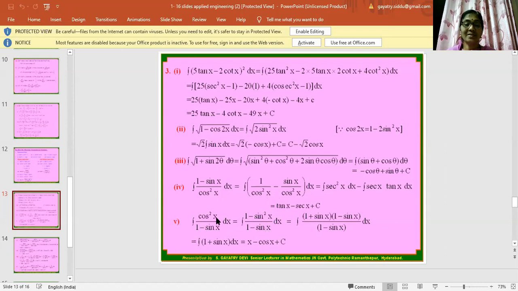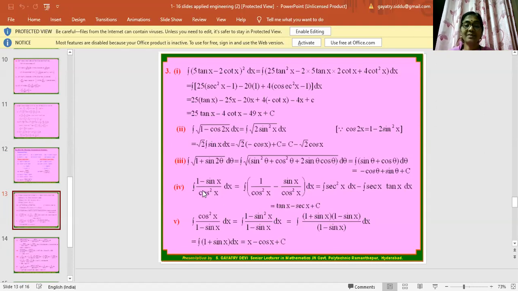So cos square is written as, according to the fundamental rule again, 1 minus sin square x. Again, we are using our algebraic knowledge, a square minus b square as a plus b into a minus b. So cancellation of this term happens. Now finally you have to find the integration of 1 plus sin x into dx, which is very easy. Integral of constant is x, integral of sine is minus cos.